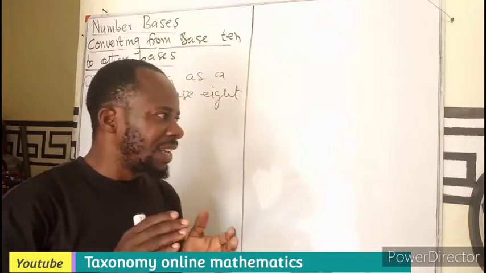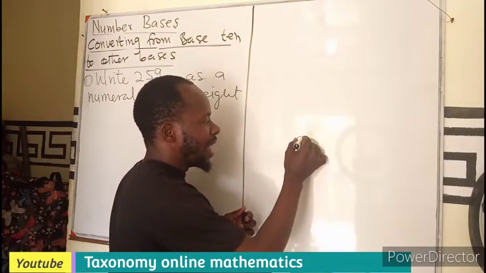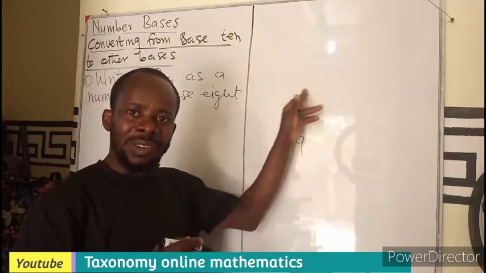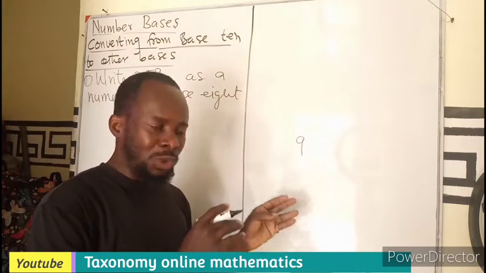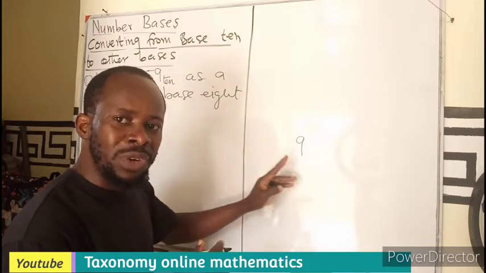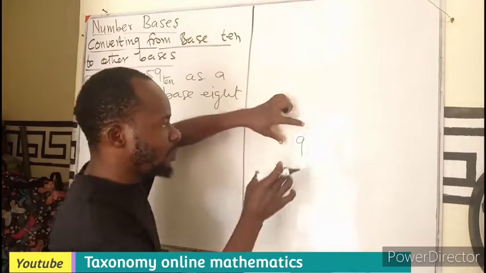What I mean is that if I'm having 9, which is base 10, I cannot write 9 in base 5. So if I want to convert this, I have to divide this repeatedly.